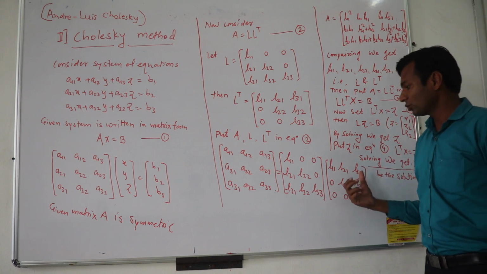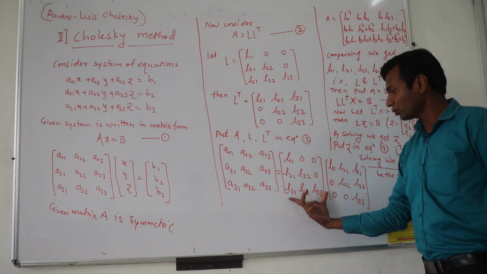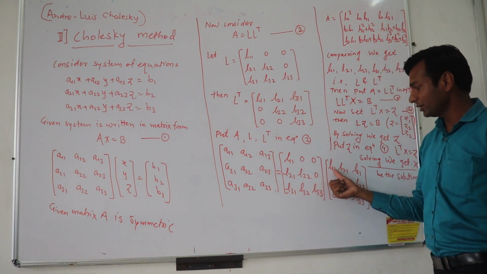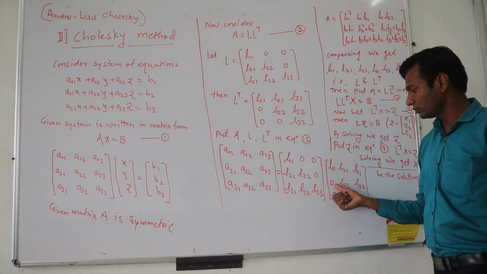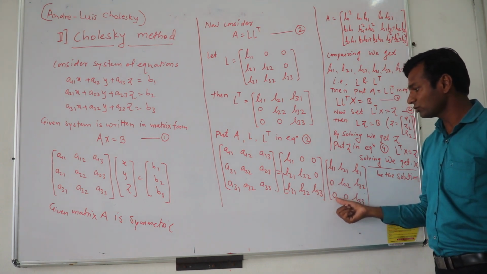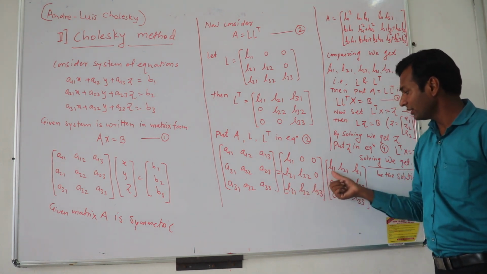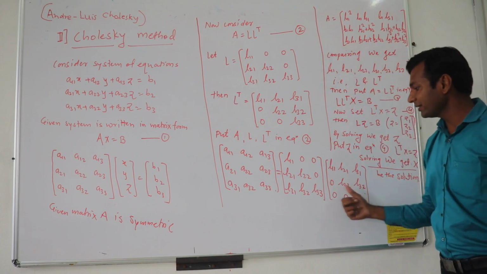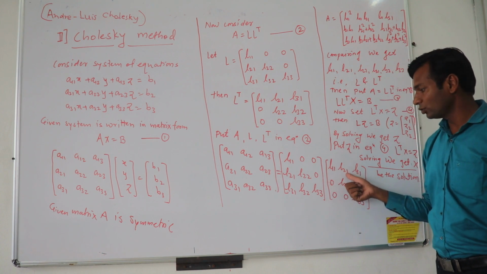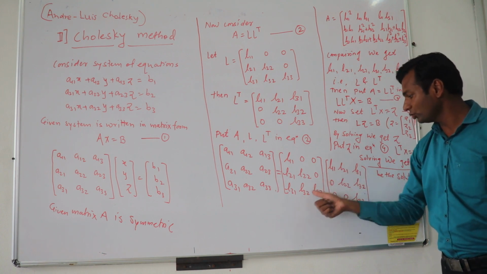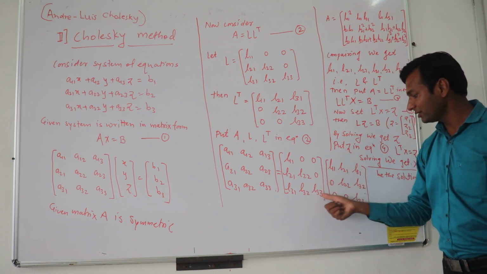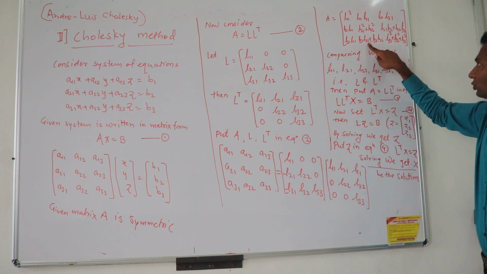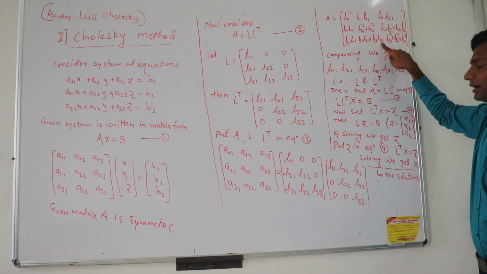Now for the third row, we take the third row from the L matrix. L31 into L11 is L31 L11, plus L32 into 0 is 0, plus L33 into 0 is also 0, so we only get L31 L11, the first element of the third row. Now the second element: L31 into L21 plus L32 into L22 plus L33 into 0 is 0, so we get L31 L21 plus L32 L22.